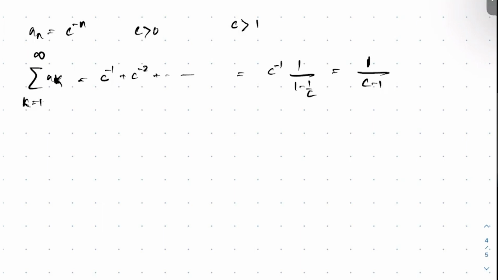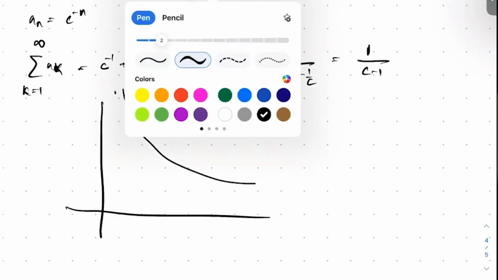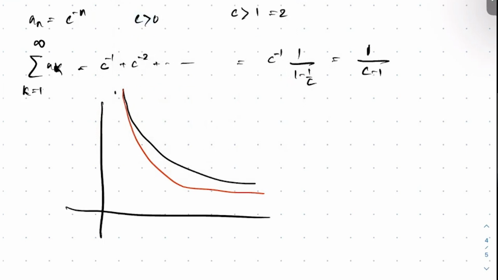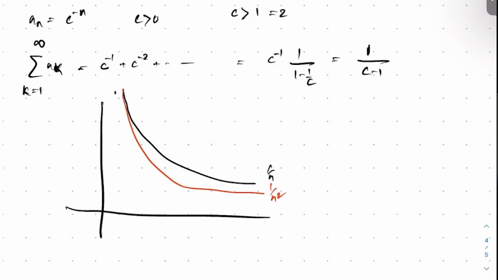Let's say c is equal to 2, so 1 by 2 to the power n goes down like this. If 1 by n is like this, the red one is 1 by n square, and the blue one, 1 by 2 to the power n, will be really like this.